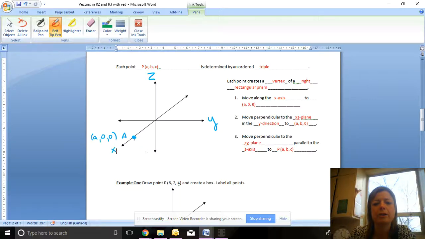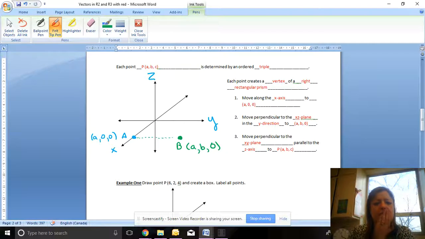You don't want to go weird or wonky places. So I go B units out as far as I need to here. From here, I travel B units until I get to that point. Now this is the point, we'll call it capital B, where I've applied A, I've applied B, but I haven't gone up or down, so Z is still 0.